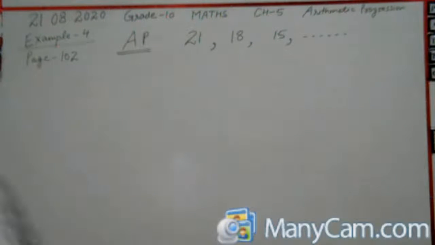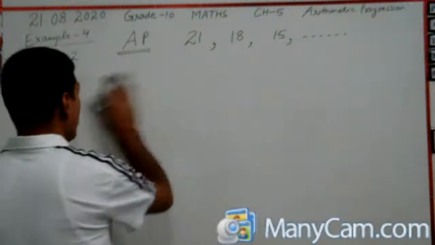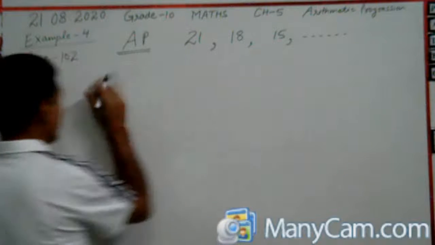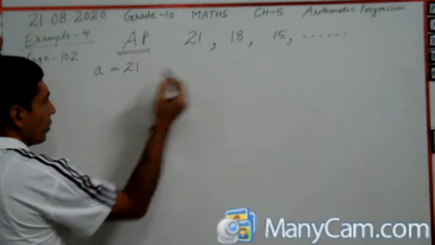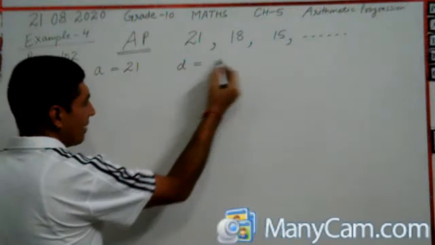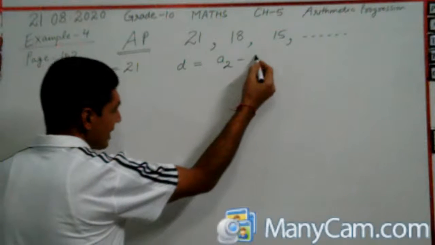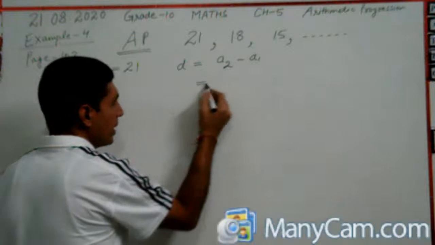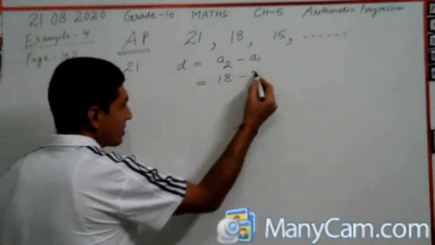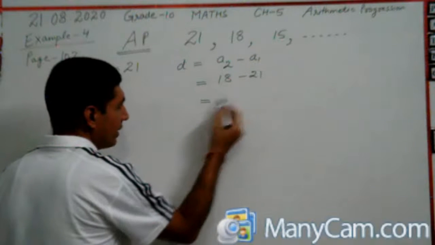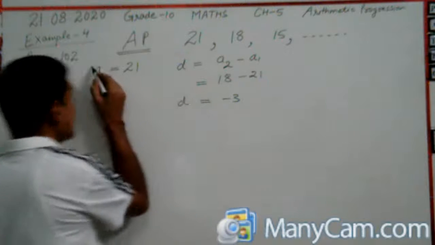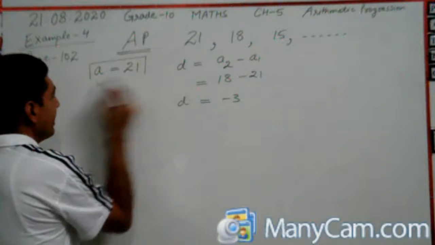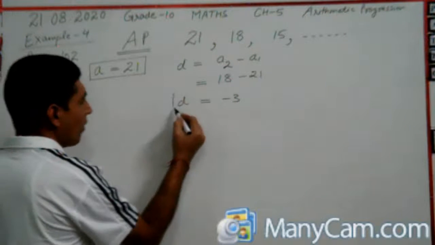So what is given? a is equal to 21. What is d? d is always a2 minus a1. So what is a2 here? 18 minus 21. So the value of d is minus 3. Here a is 21 and d is minus 3.